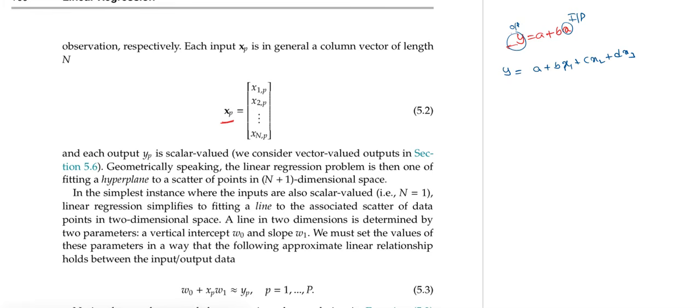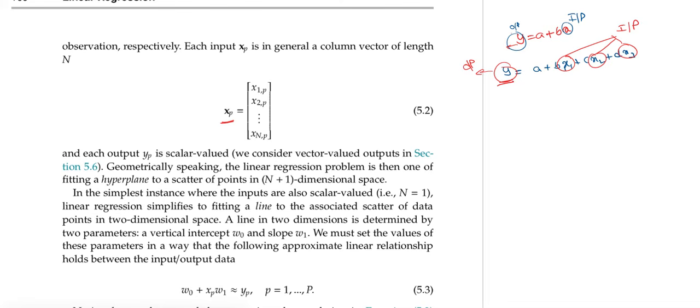Here x1, x2, x3 are the inputs, which means multiple inputs, and this is only one output. Whenever there is only a single output, it is known as a scalar.